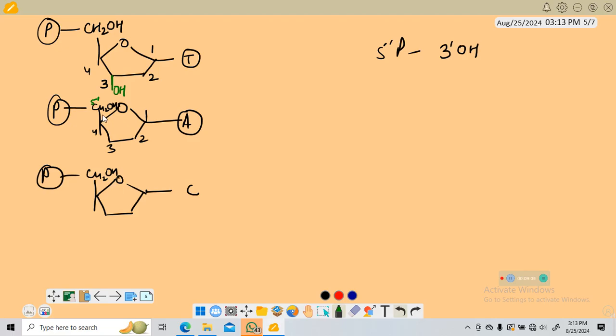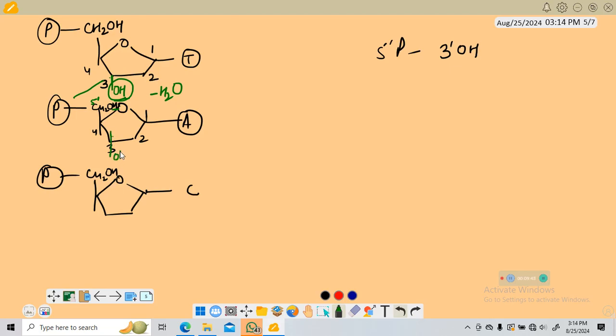This will get this OH and this phosphate. So this OH will be removed as a water molecule, minus H2O. 1 H from here, OH from here.